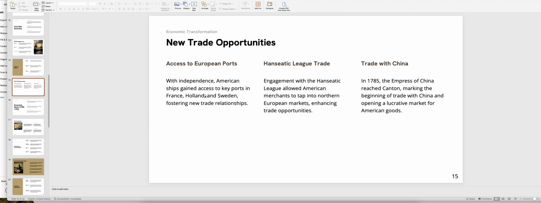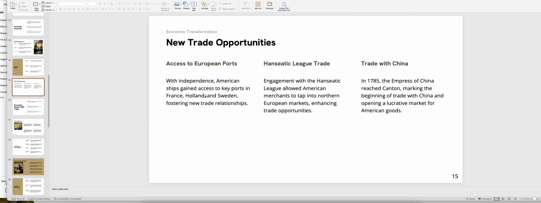Instead, we can start to send things more to France, to the Dutch, and to Sweden. Second, we can trade a bit more with the Greeks, the Greeks being strong shippers, which gives us a little bit more access to other Northern European countries.